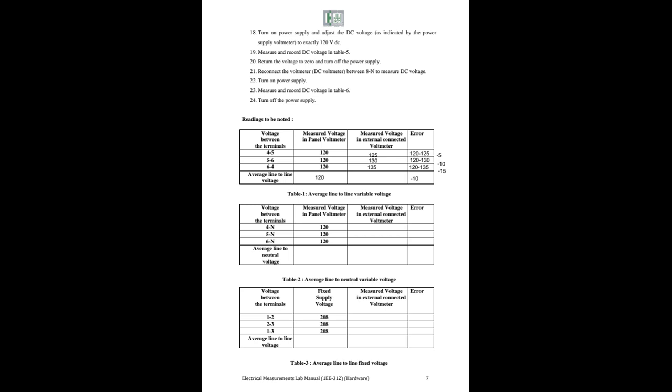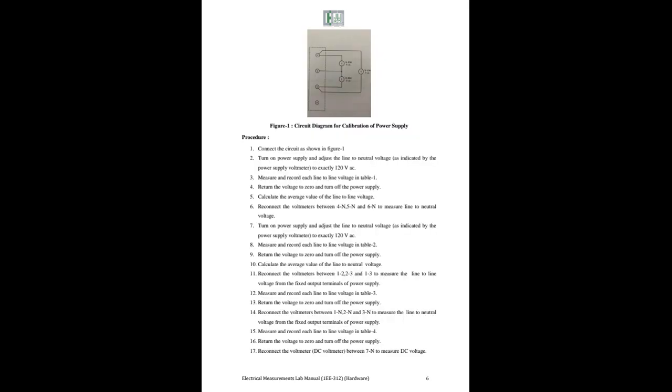So in the next step what we will do, we will change the terminals from 4 5 to 4n, 5 6 to 5n, and 6 4 to 6n. Means if you go to the diagram, we will take this 4, it is connected between 4 and 5. So we will remove this wire, this voltage wire will be connected to neutral.